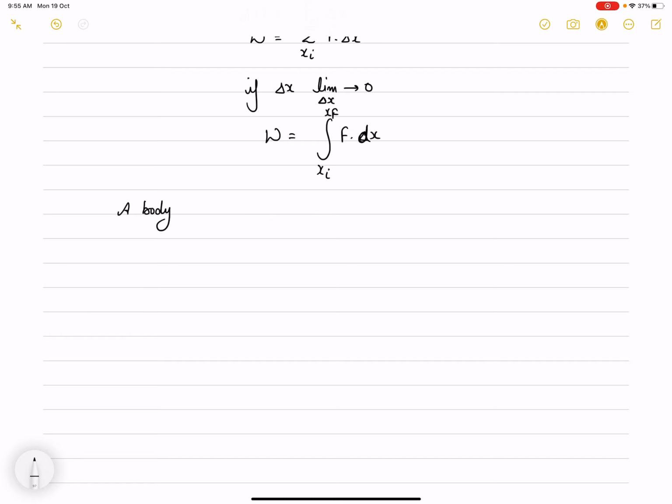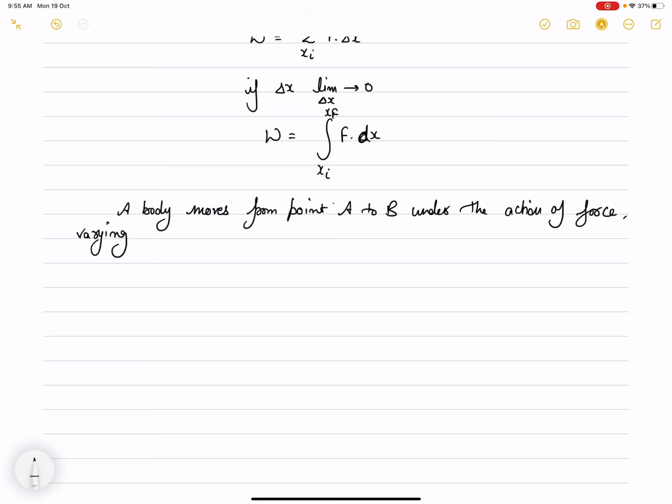The question is: a body moves from point A to B under the action of a force varying in magnitude.